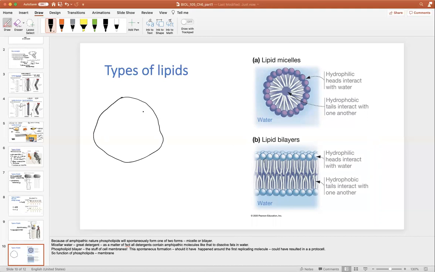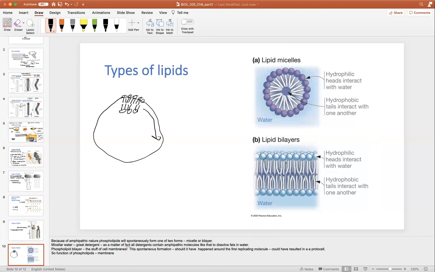Just like you see here. So we would have a whole bunch of little phosphate heads and lipid tails, okay? And then we'd have a bunch of phosphate heads and lipid tails. And so what you have here is a situation, and we go all the way around like that. This happens spontaneously in water.